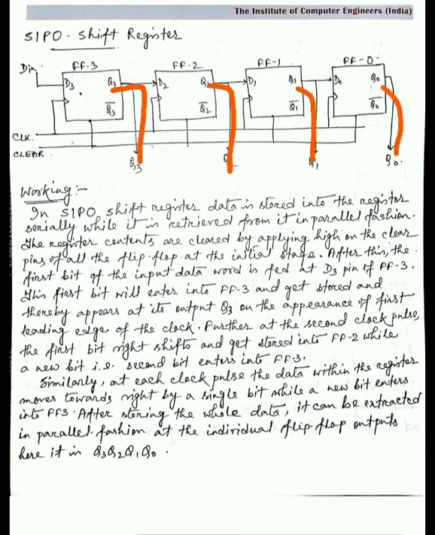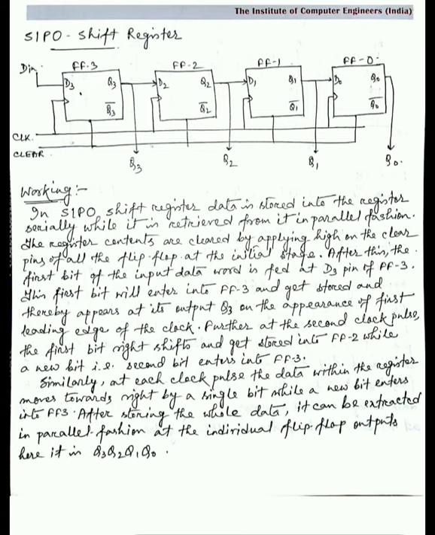In the previous one only Q0 was there, but here in parallel output, for every output value we get one extra pin. And the others are the same as before.